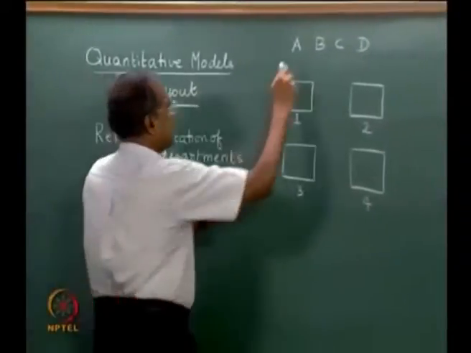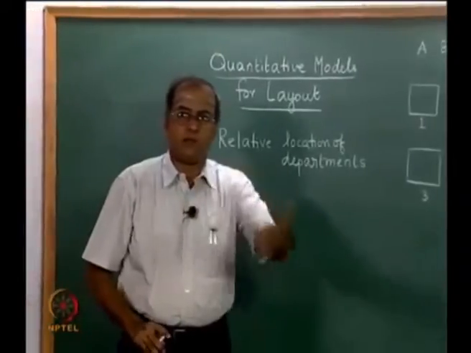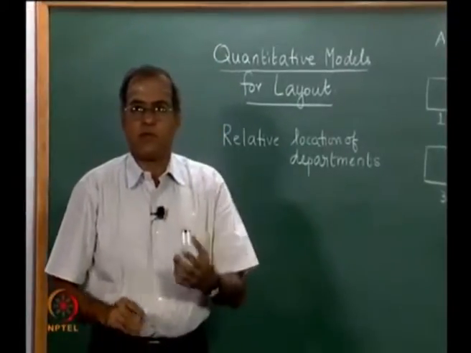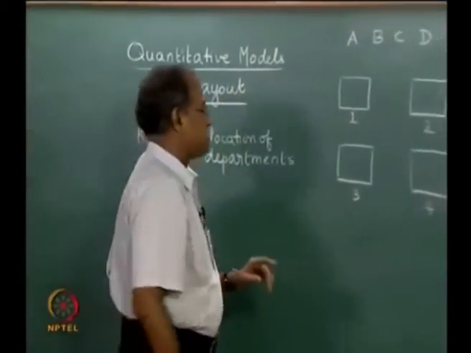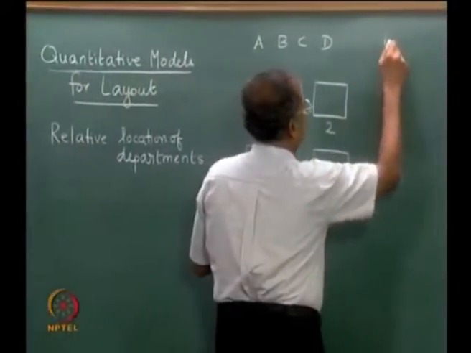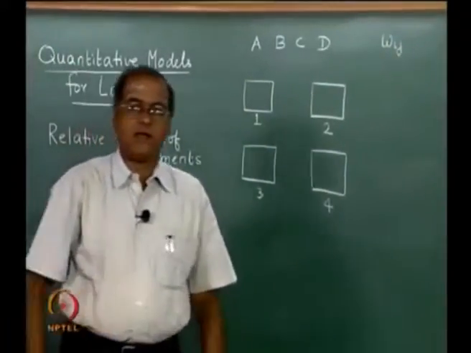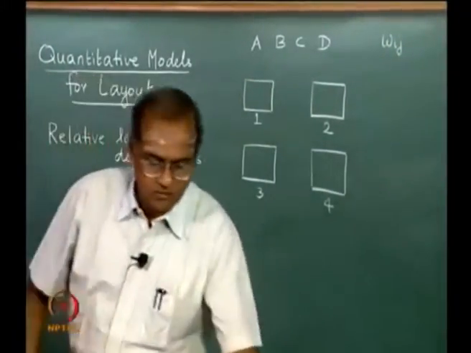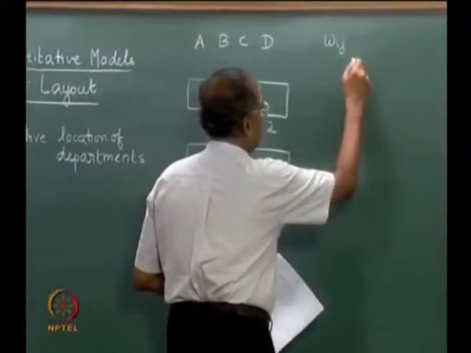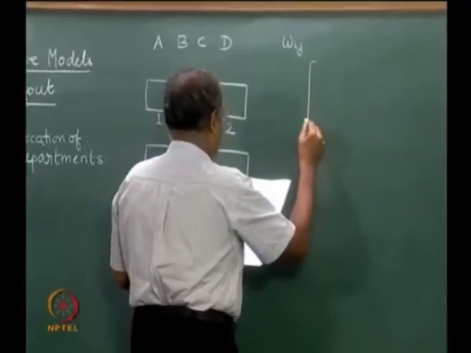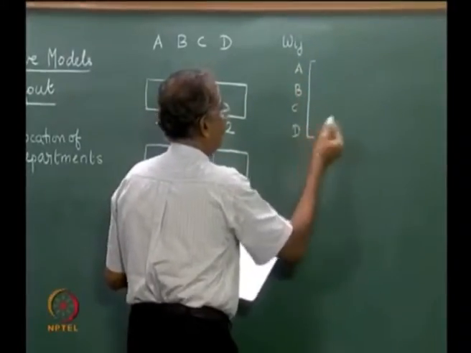Now, among these 4 departments there is going to be either some material movement or some people movement, or some movement that happens among these departments, which we call Wij, where Wij is the amount of movement from i to j, and let us describe a Wij matrix between A, B, C and D.